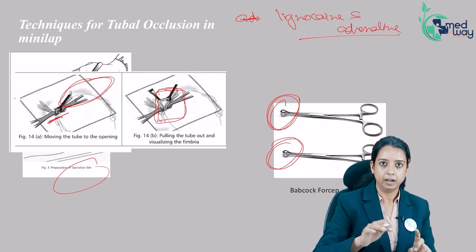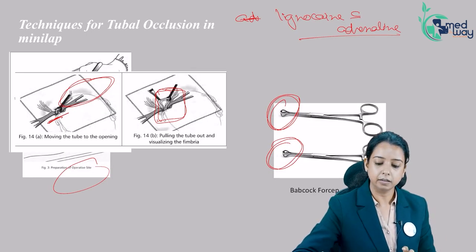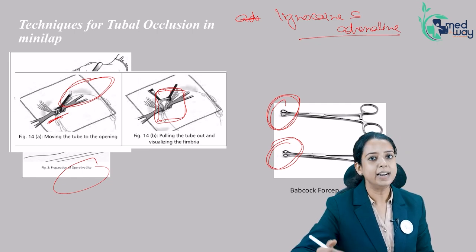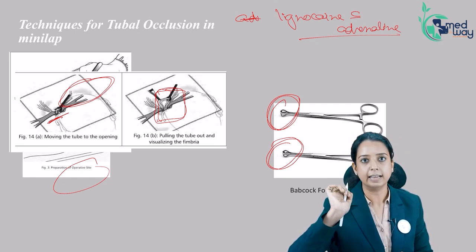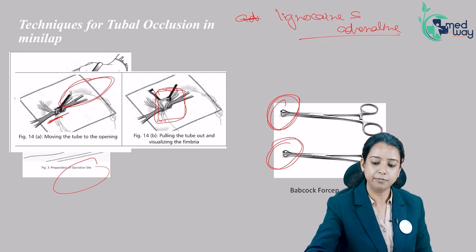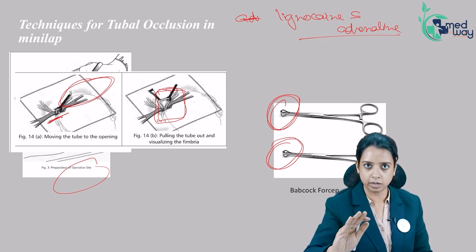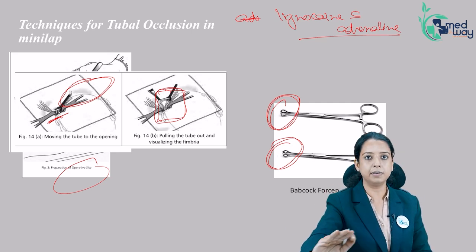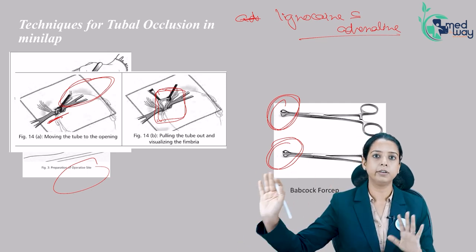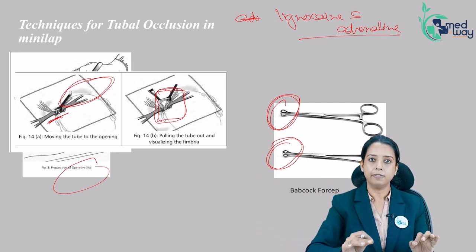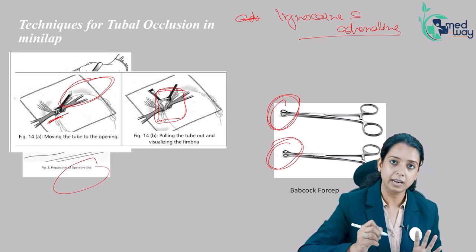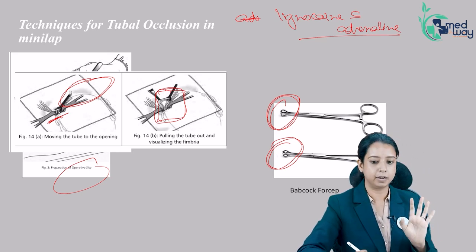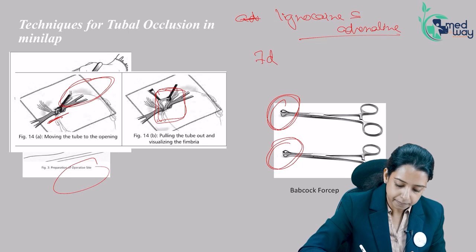One thing: till how many days after delivery can you do the sterilization? Like after delivery, within 48 hours we have to introduce IUCD. After 48 hours we said we will not introduce, we will wait for 6 weeks. Same with mini lap, you can do mini laparotomy in a postpartum patient within 7 days.